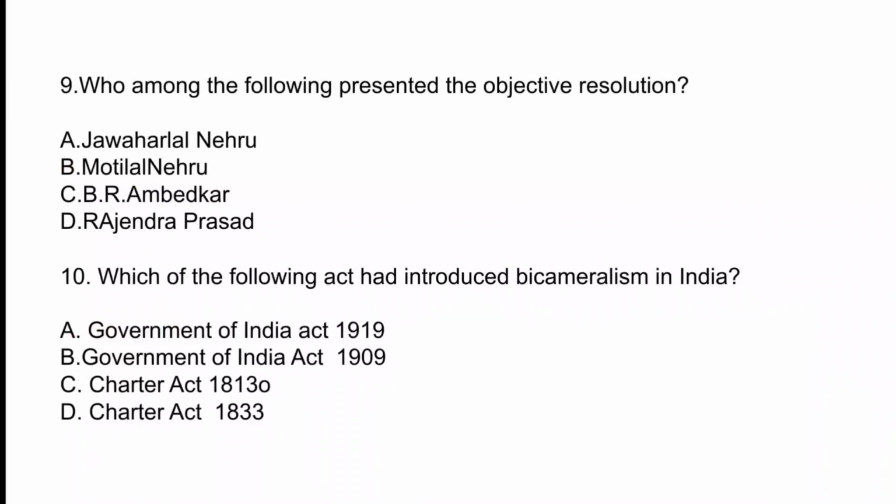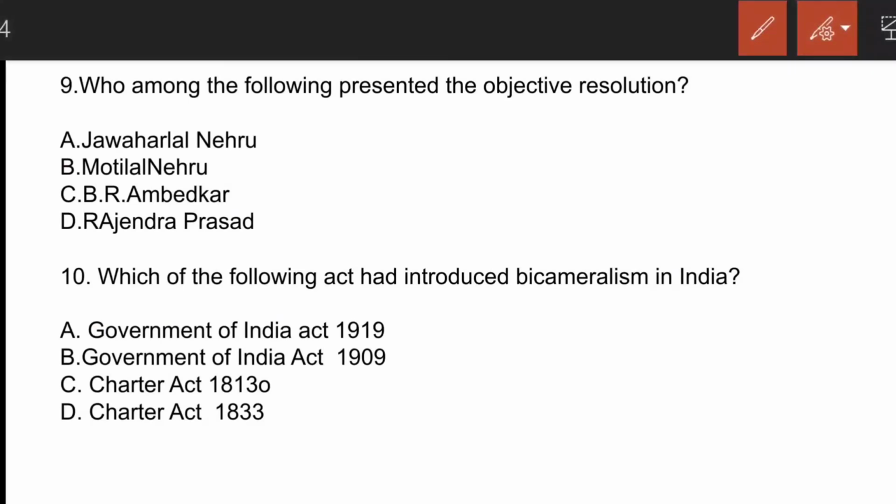Who among the following presented the objective resolution? The correct answer here is option A, that is Jawaharlal Nehru. Now, the objective resolution was presented on 13 December 1946. This is important from your exam point of view.